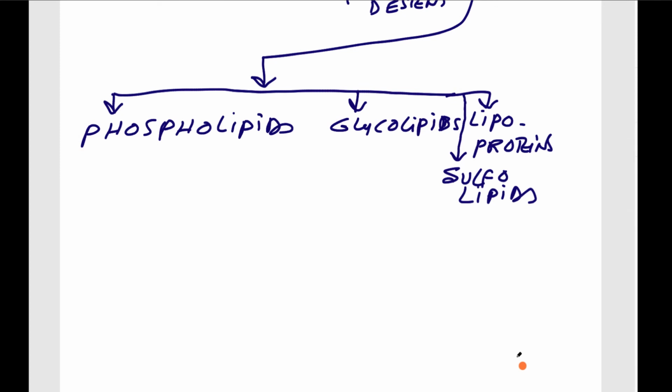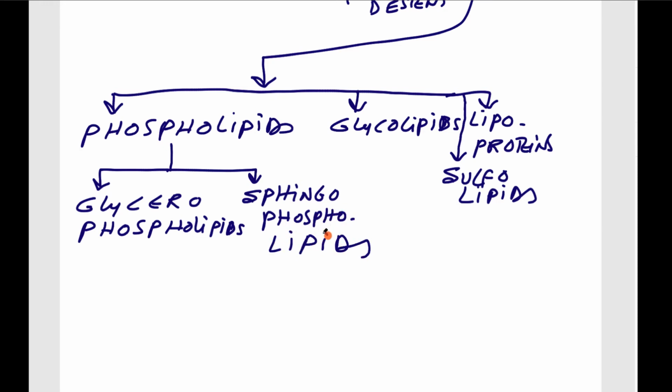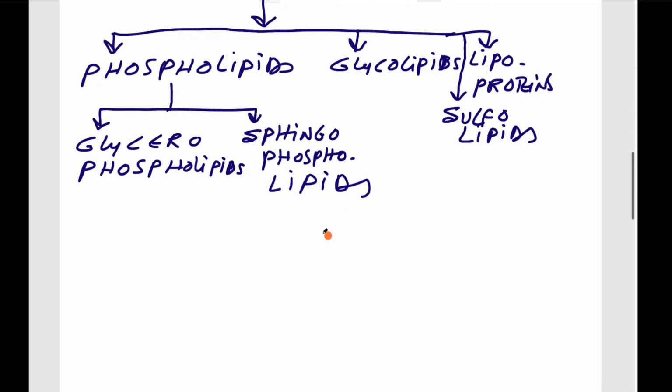In the phospholipids, two different classes are there, based on which type of alcohol is present. If glycerol is present, we call them glycerophospholipids. If sphingosine is present, they are sphingophospholipids.